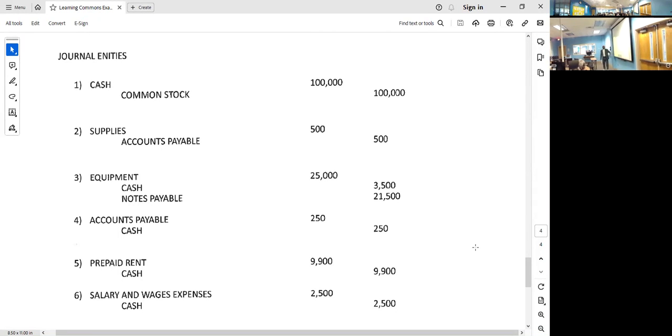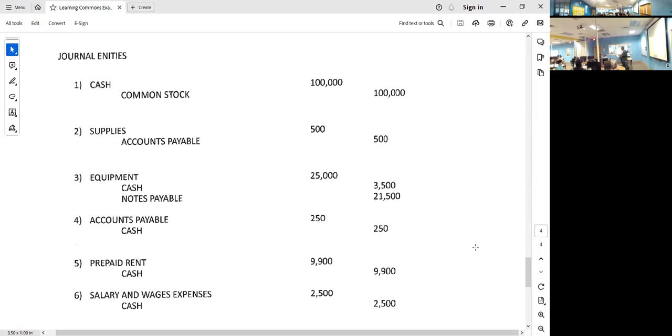Then you got number 5. What does number 5 say? For the month of August, September, and October, we prepaid our rent. We prepaid it ahead of time. GAAP says that it's not an expense.